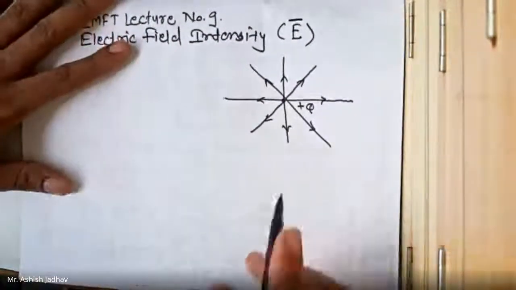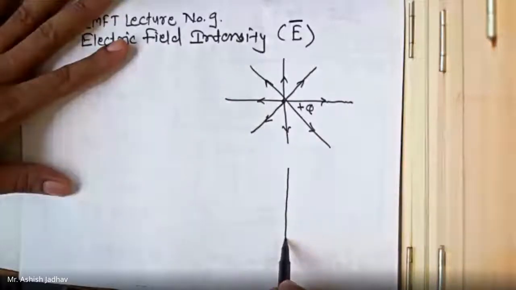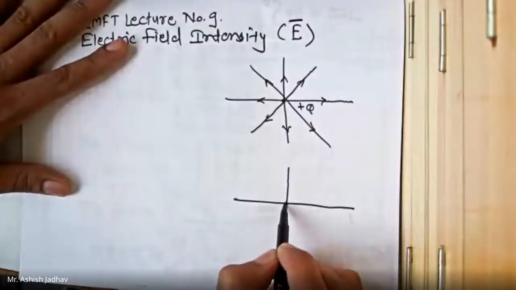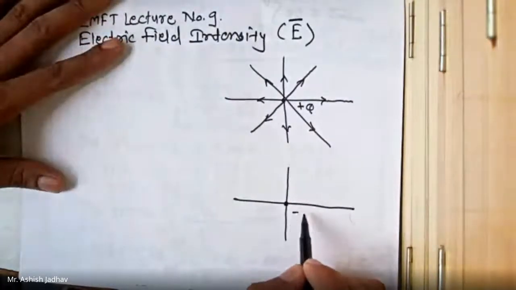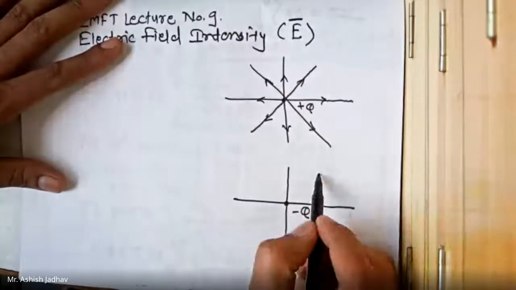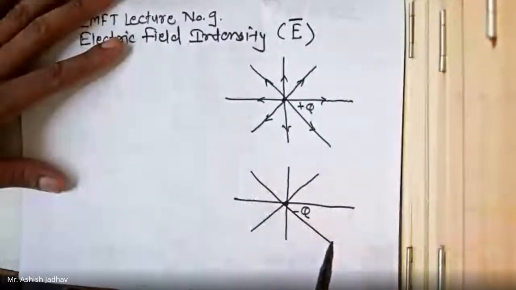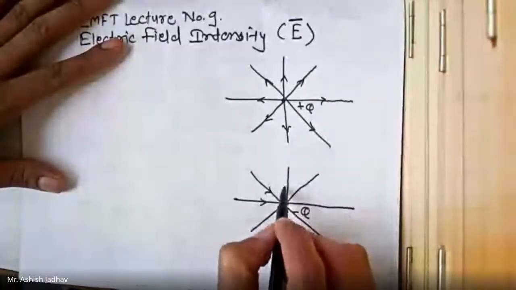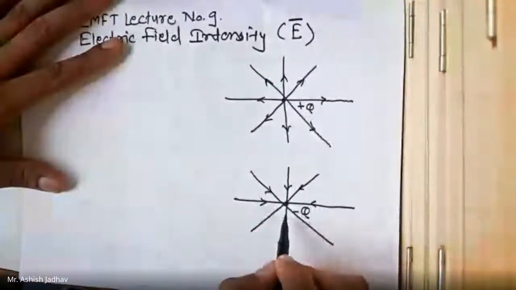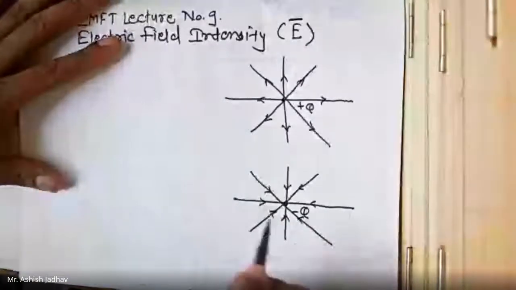Next, if I talk about exactly the opposite situation, a point charge of minus q, then in that case the lines of force will be moving radially inward towards this point charge, right? So these are the lines of force.